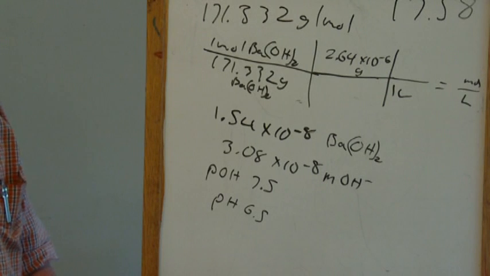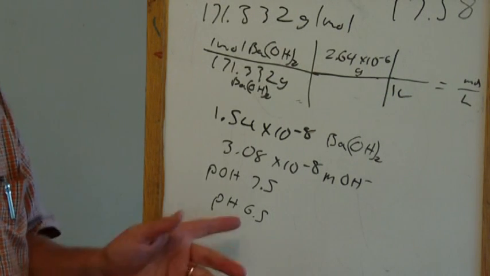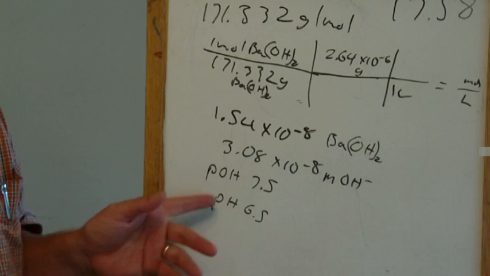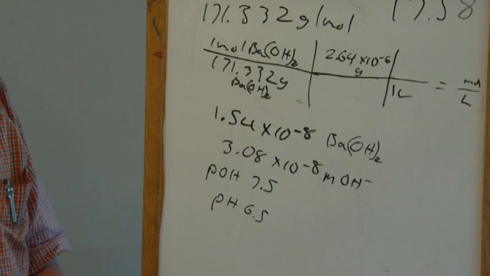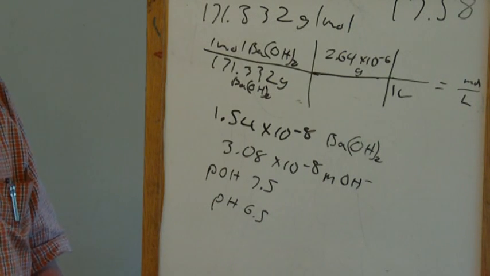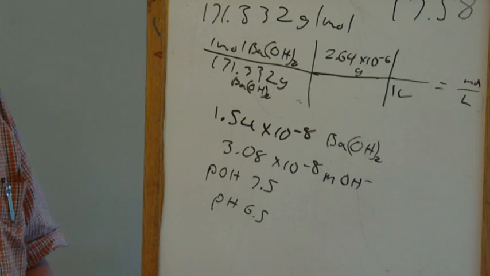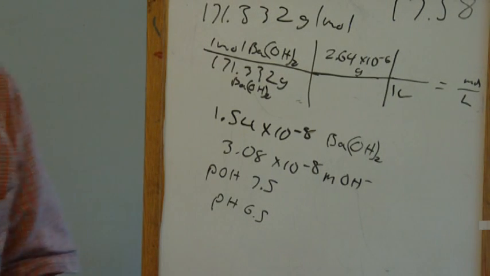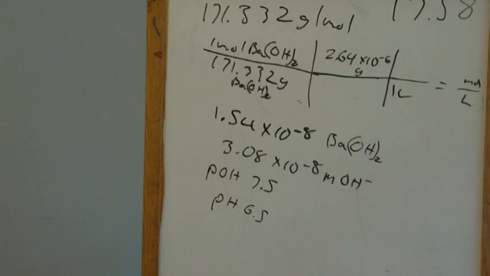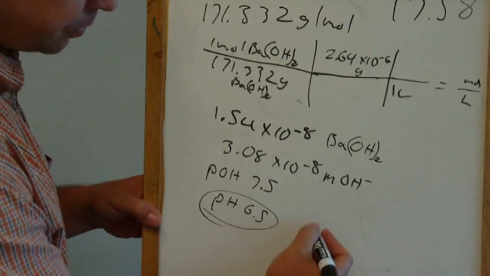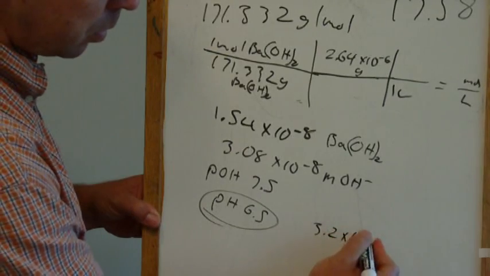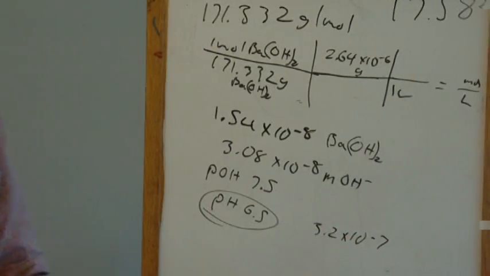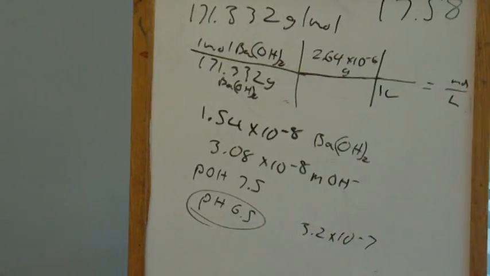All of it is provided by this pH. Let's see, the negative log then, no, 10 to the minus 6.5. That gives us 3.16 times 10 to the minus 7. And 1758, 3.2 times 10 to the minus 7. So that fits the answers in the back of the book.